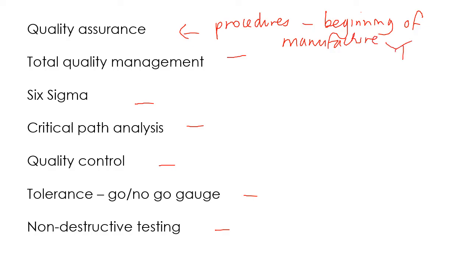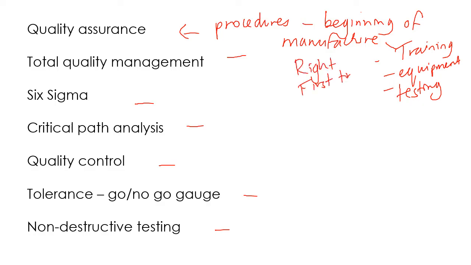So have you got the right training? Have you got the right equipment? Have you got testing procedures in place so that products are made right first time? That's the kind of thing about quality assurance. It's making sure that you make things right first time.